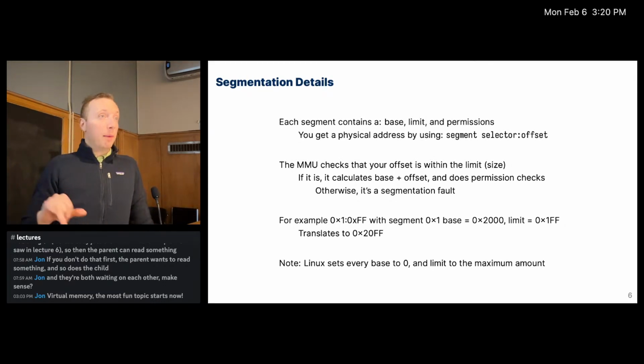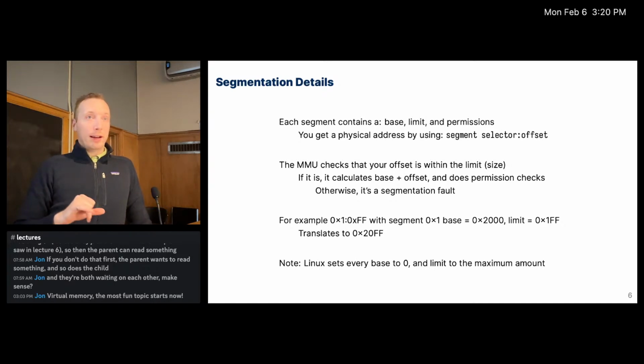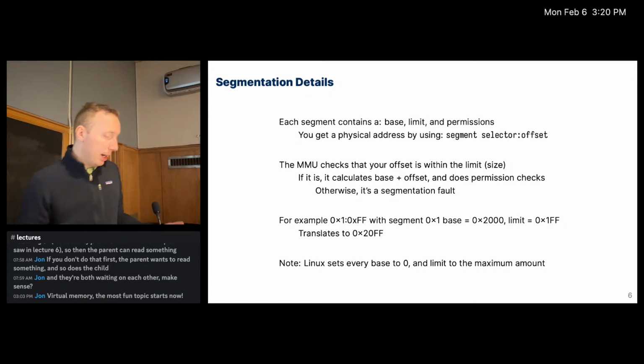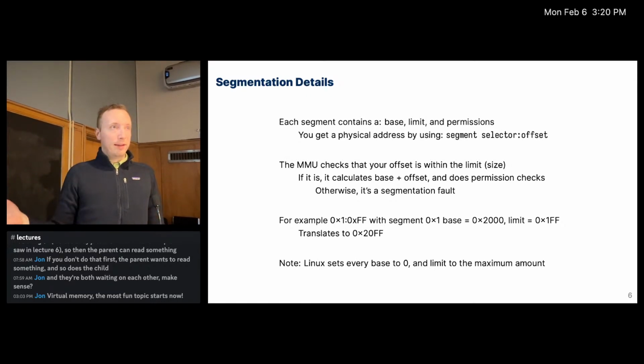And then the MMU, or the memory management unit that's actually doing this translation, will check that your offset address is within that size so that it's a valid address. Again, think of it as a big array. And then if it is, so if you ask for byte 200 and the size is 256, then it goes, okay, great.